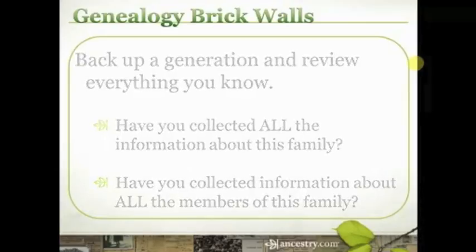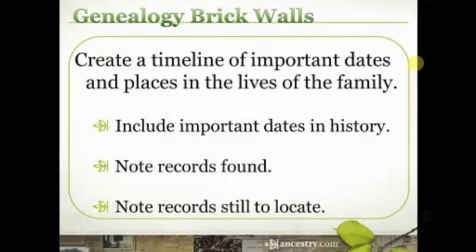Okay, second piece of advice or second strategy that I use, besides backing up a generation, what I will do is I will create a timeline of the important dates and places in the lives of this family that I'm researching, right? So I'll make a list of the year and place where, and I do this usually just in a spreadsheet, and this is not something I do for every family that I encounter.